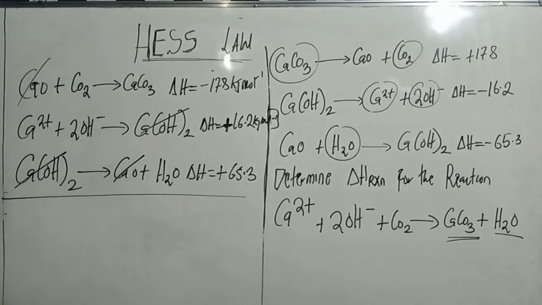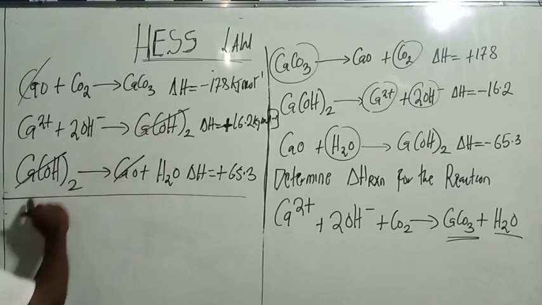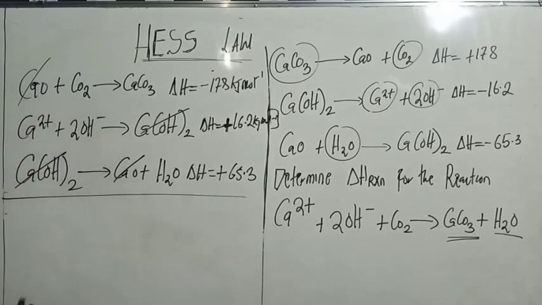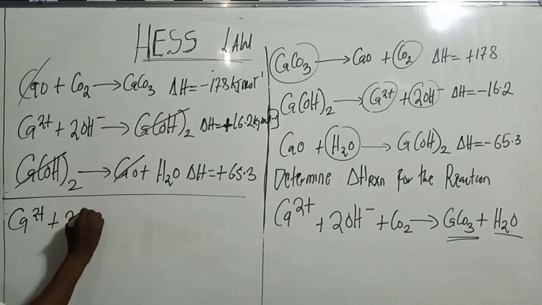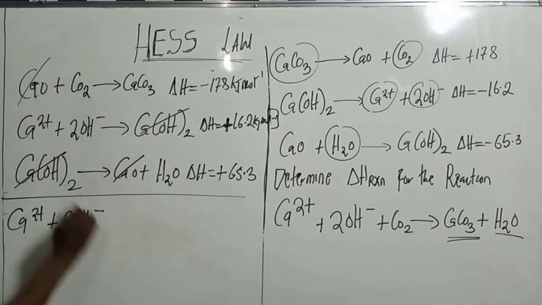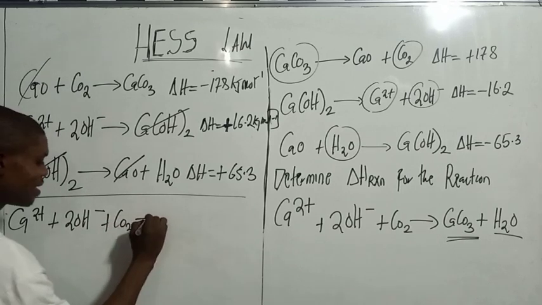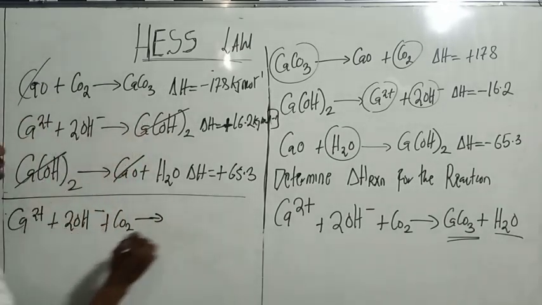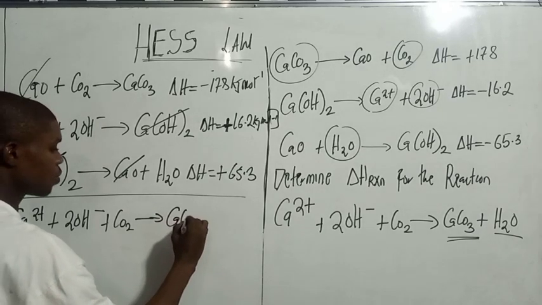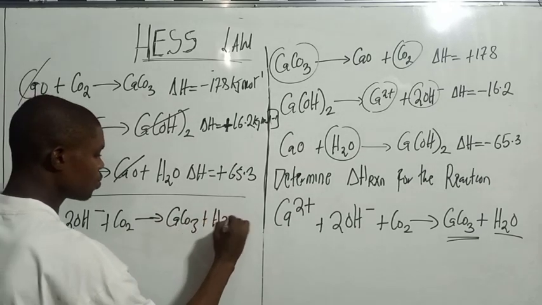No other one can cancel. So this one will cancel this one because it can come multiple times. This one will cancel this one because it will come multiple times. So now let's combine them together. So here we have Ca2+ plus 2OH minus, right? Then plus CO2. The next one here we have CaCO3 plus H2O. Do you see that?